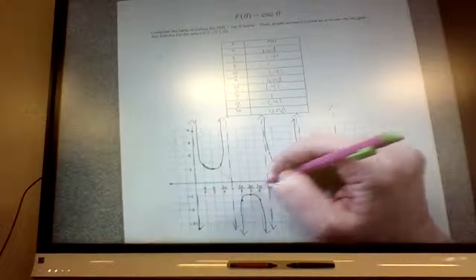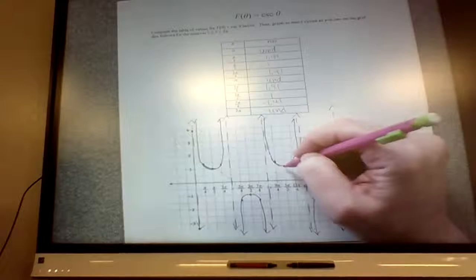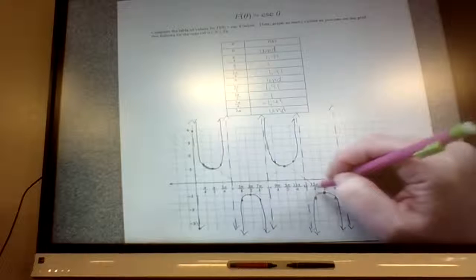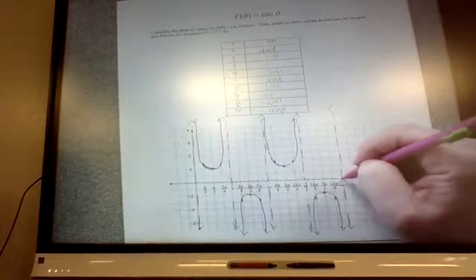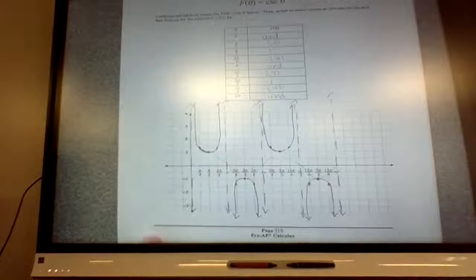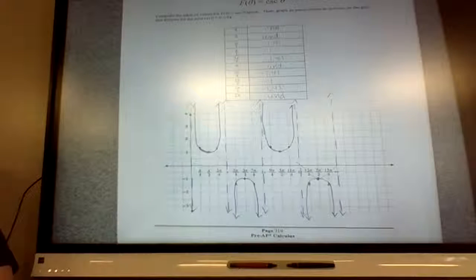It's everywhere. So the range is the exact opposite. In between, because remember, they're opposites. Together it's negative infinity to infinity.